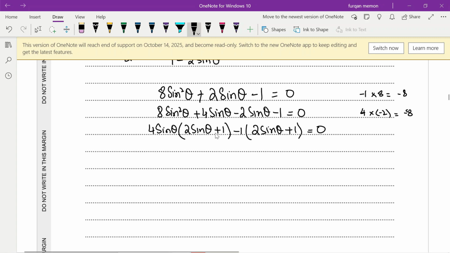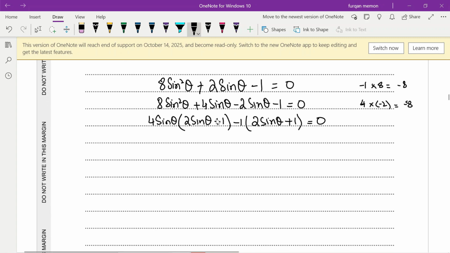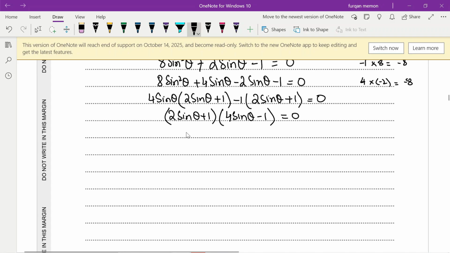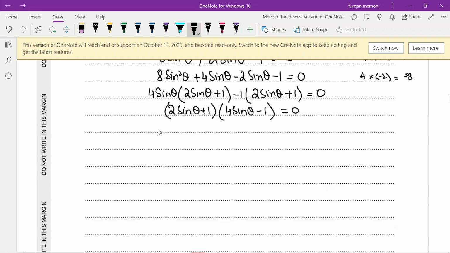Okay, 2 sine theta plus 1 can be taken common from both terms. It will be 2 sine theta plus 1 times 4 sine theta minus 1 equals 0. We have two factors, so equating each with 0, it will be 2 sine theta plus 1 equals 0, and on the other side 4 sine theta minus 1 equals 0.